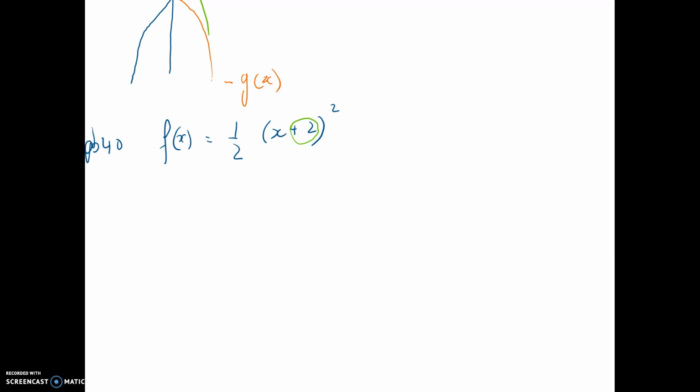I cannot pull this out, I cannot have the plus 2 far away from my x. It has to be next to the x because it's inside my parentheses. That makes me think about a horizontal shift. And because it's a plus 2, it will be to the left.